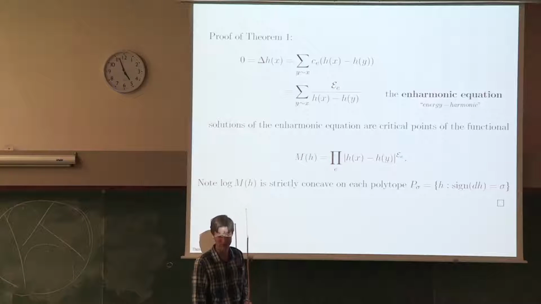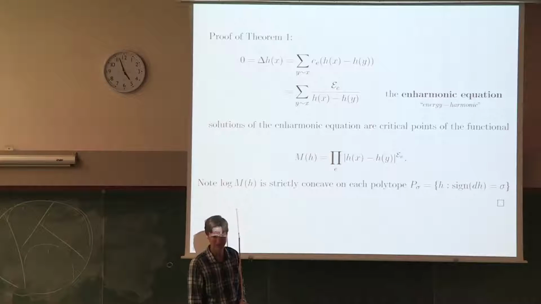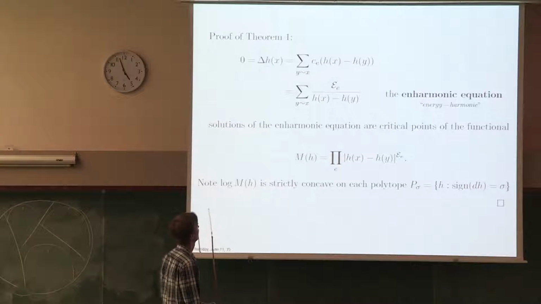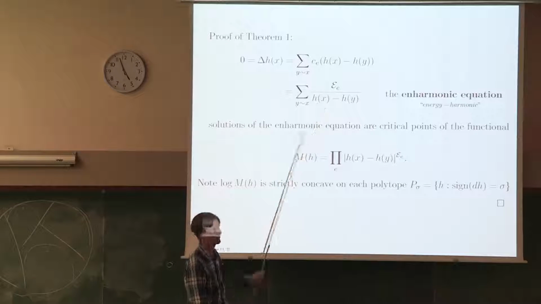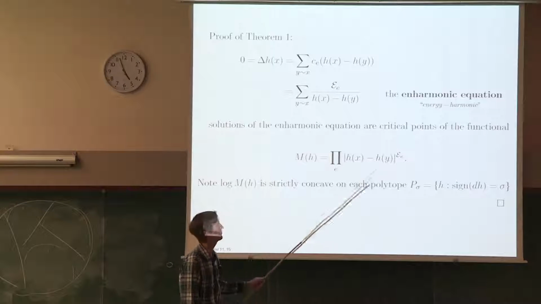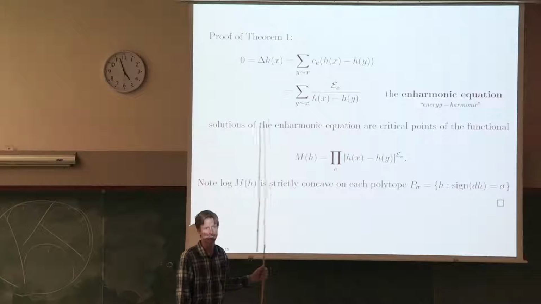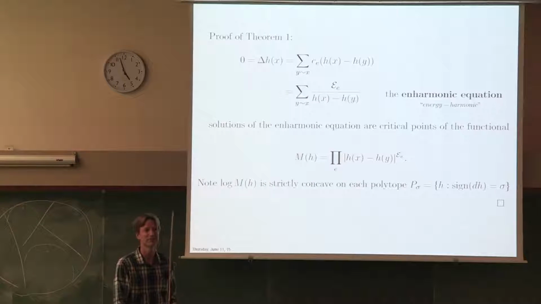Was that your question? No, but then you can multiply h by any constant in the solution. It's projective. No, the boundary values are fixed. The boundary values will occur among those values.